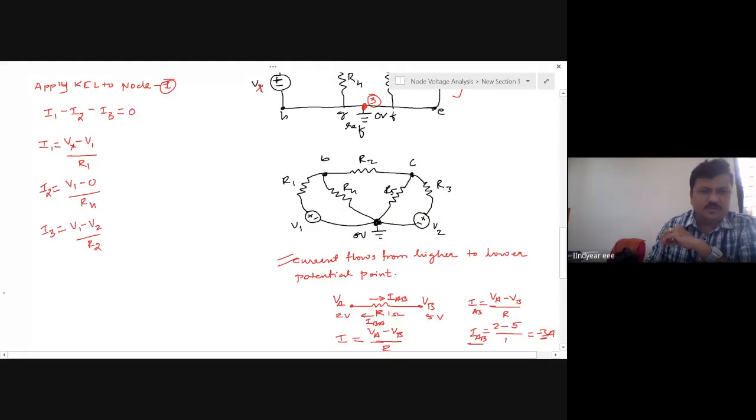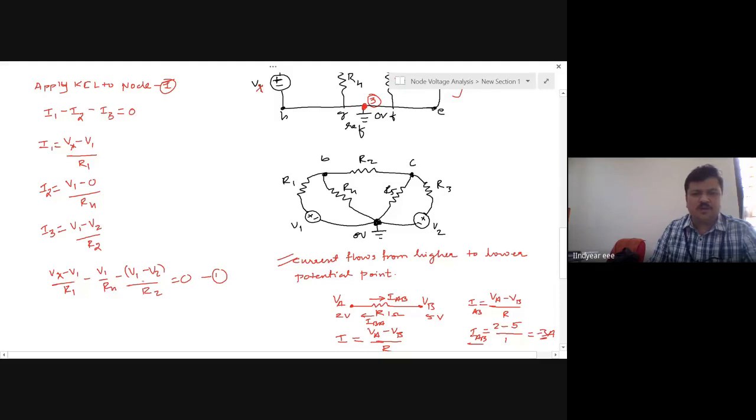Now, if you substitute this, what I get is Vx minus V1 by R1 minus V1 by R4 minus V1 minus V2 by R2 is equal to 0. So R1 I know, R4 I know, R2 I know, Vx I know because it is a source. Then I will get one equation in terms of V1 and V2.